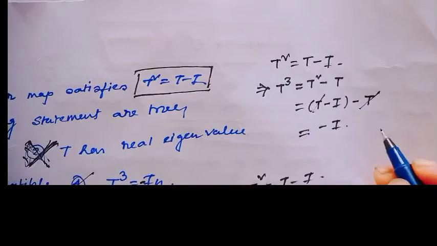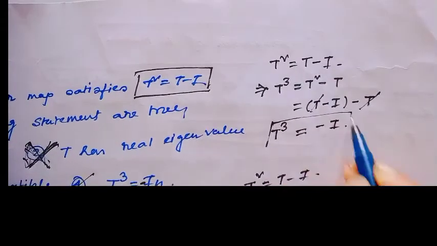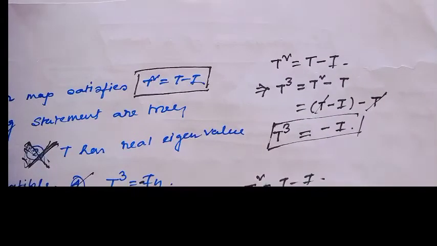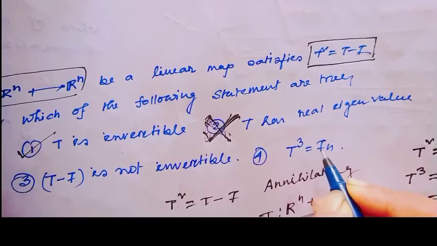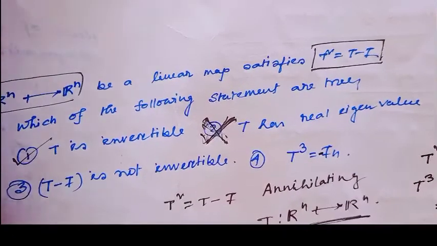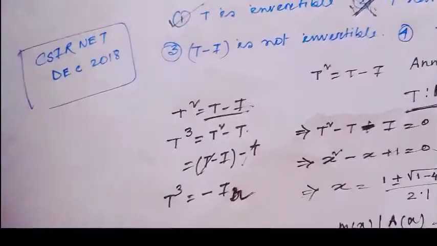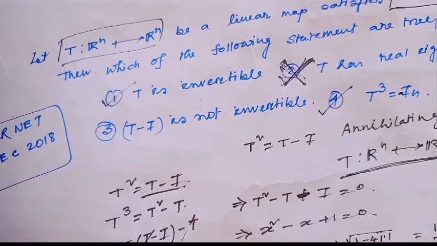That means I have got T cube equal to minus identity. The question says T cube equal to identity, and I have got T cube equal to minus identity. So option 4 is the right option.